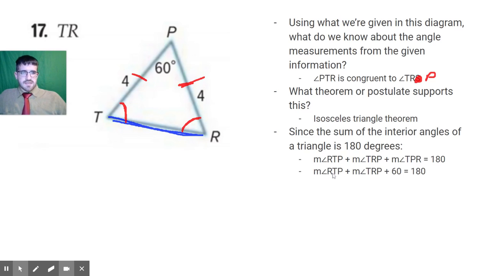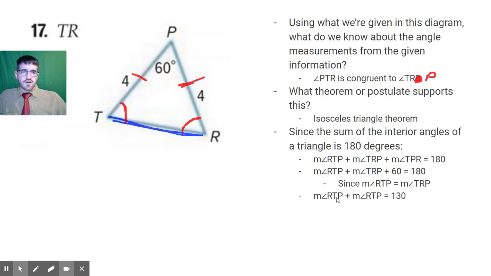And what we're going to see is the measure of RTP plus TRP plus 60 degrees equals 180. That's by substituting 60 in for TPR. Since the measure of RTP equals the measure of TRP, we're going to substitute that in.